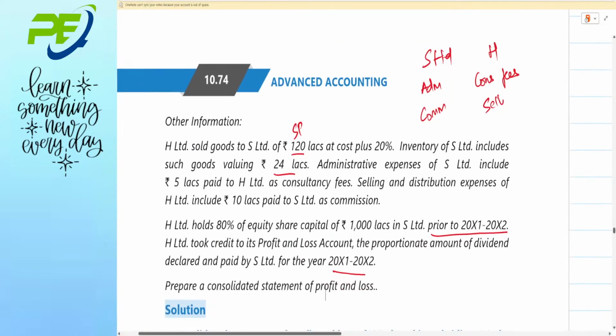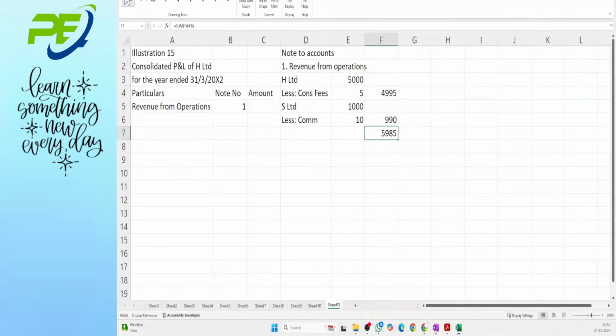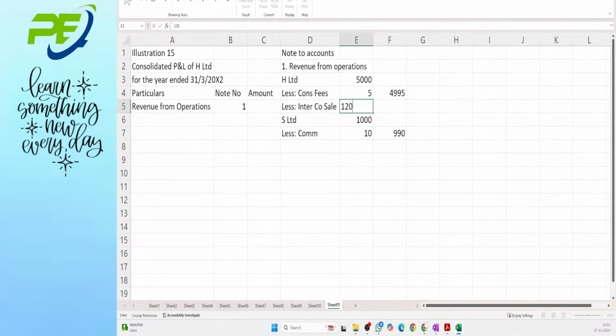Very good. H Limited sold goods to S Limited for 120 lakhs. So less intercompany sales. Less intercompany sales, 120.